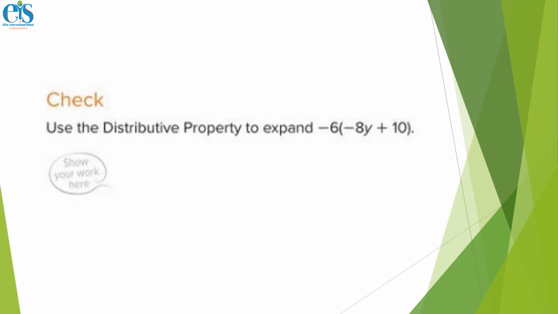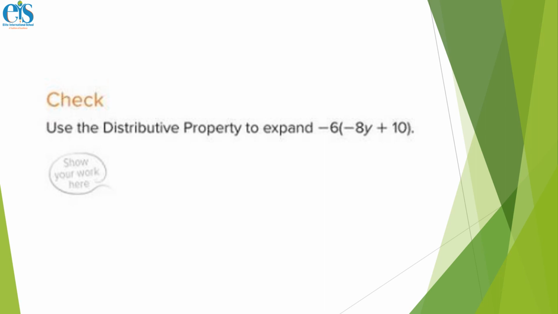Let's do a check. Use the distributive property to expand negative 6 multiplied to negative 8y plus 10 within parenthesis. What would you do here? You would distribute the negative 6 to the terms negative 8y and positive 10.